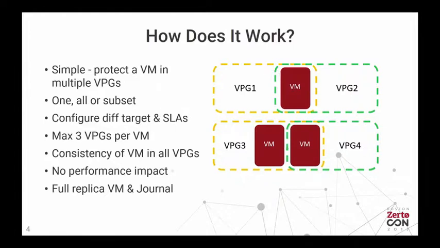You have seconds of RPOs, minutes of RTOs. But what it enables you to do is take an entire application, protect it as a whole, or you could take a component of that application. Maybe it's the database server, it's a single VM, it's the web server, and now you have the ability to protect that at a more granular level individually.